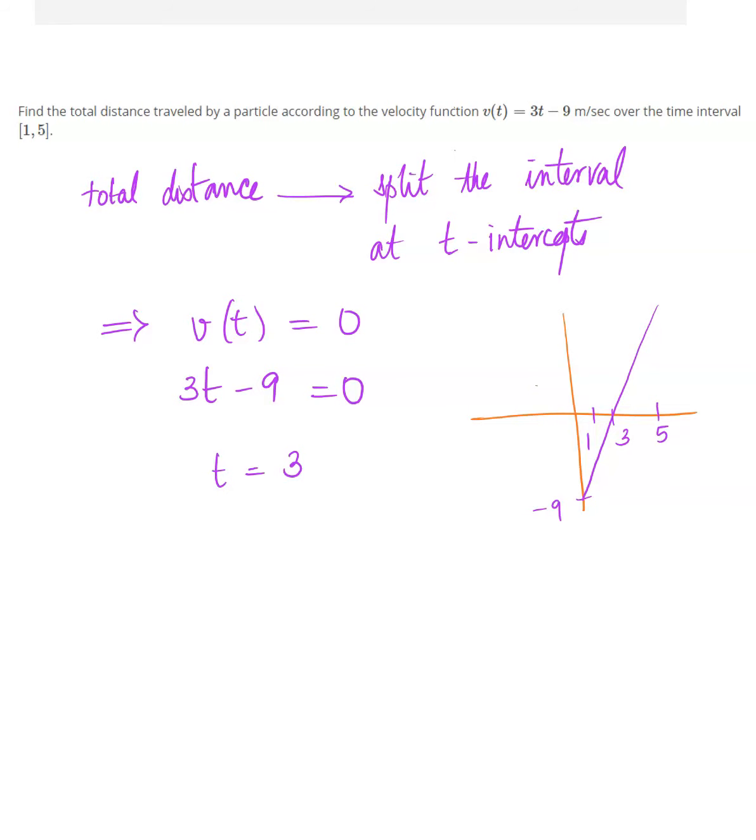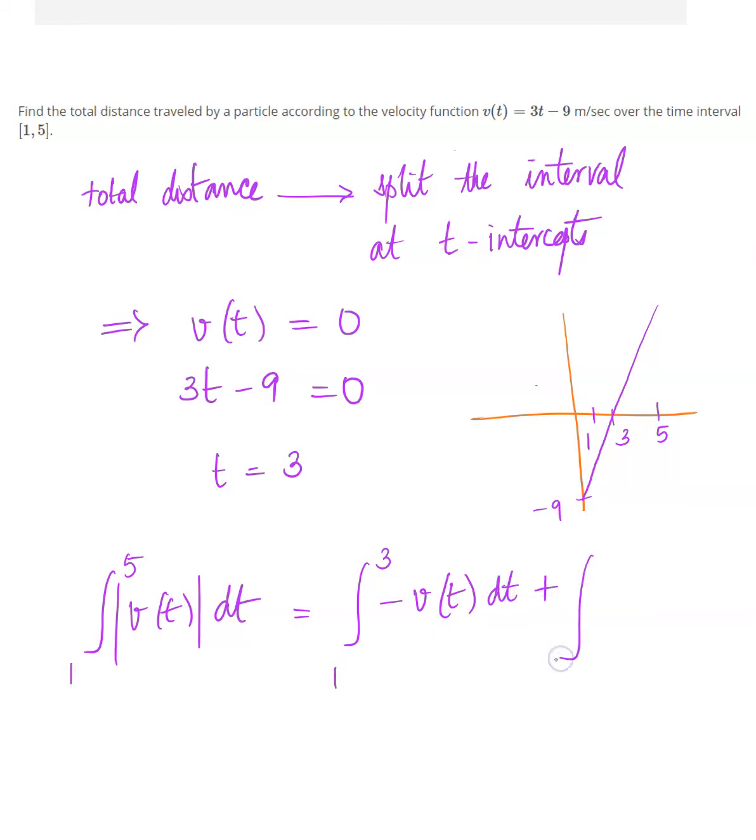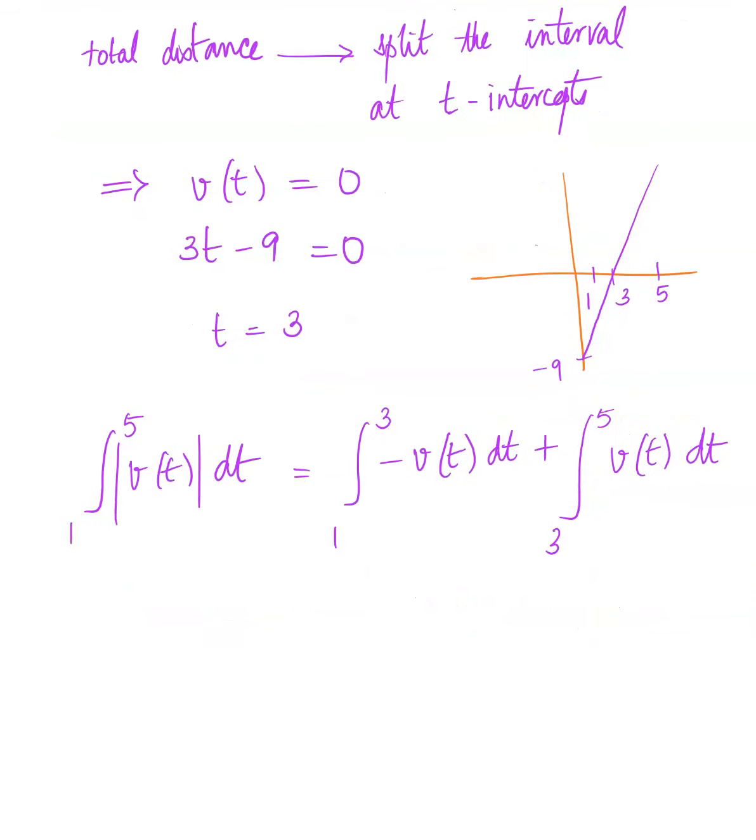So if I were to split this up, let me first write from 1 to 5 the integral of v of t dt, and because it's total distance, it's absolute value. I know that from 1 to 3 my velocity is negative, so it's negative v of t dt, and from 3 to 5 my velocity is positive. We are using the absolute value. I'm giving you another view where absolute value is nothing but a piecewise function that collects the negative portion and the positive portion.